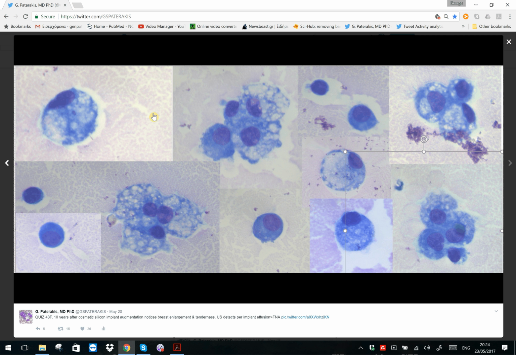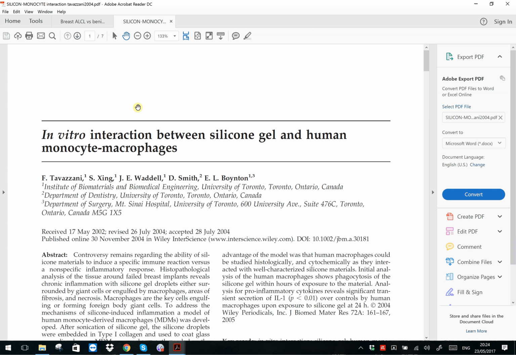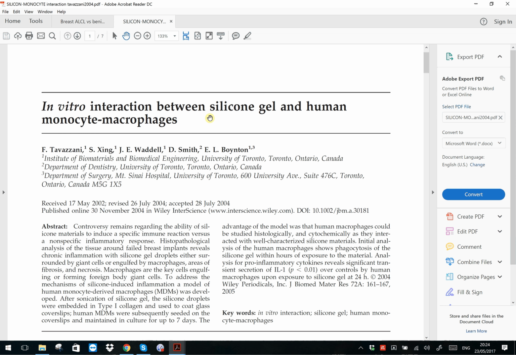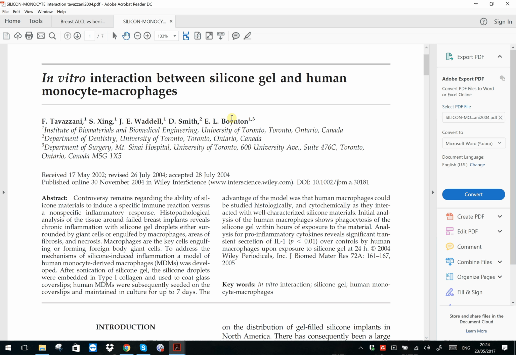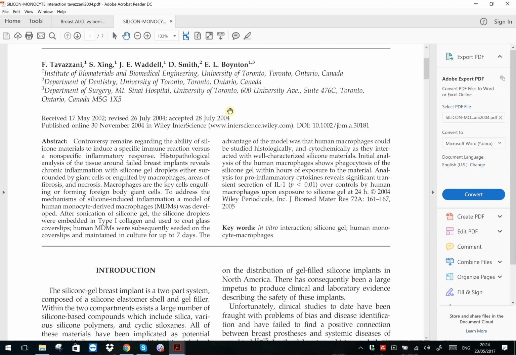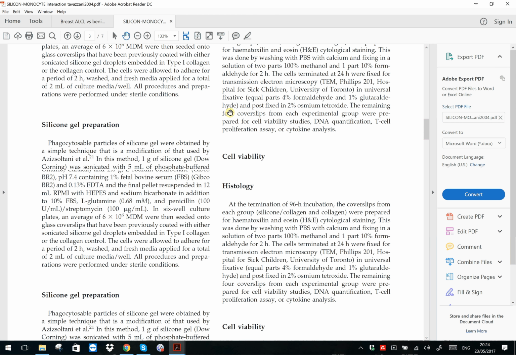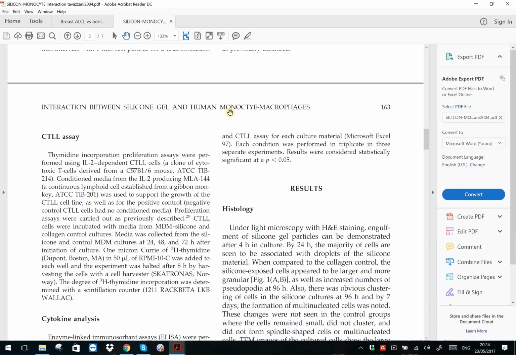This very interesting paper from Canada studied the interaction of monocytes and macrophages in histology, in cytokine analysis, in cell viability assay, as well as in electron microscopy. And the authors provide evidence that monocytes engulf silicone bodies. And you can see numerous membrane-bound vacuoles here containing flocculent material that represents phagocytosed silicone.